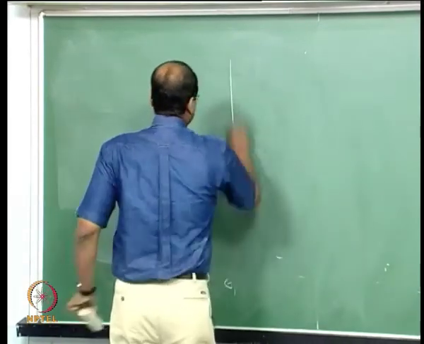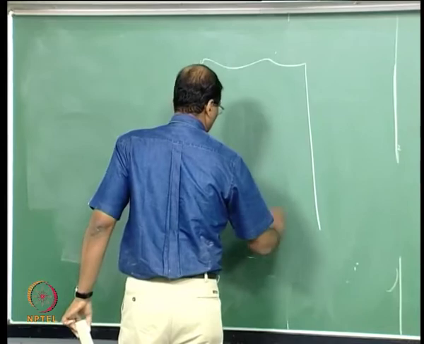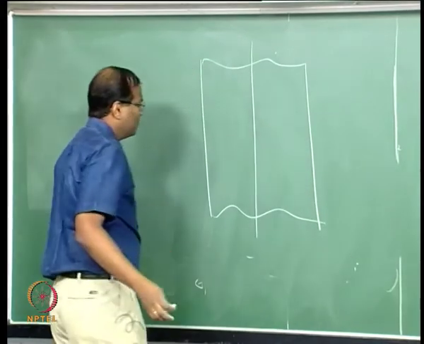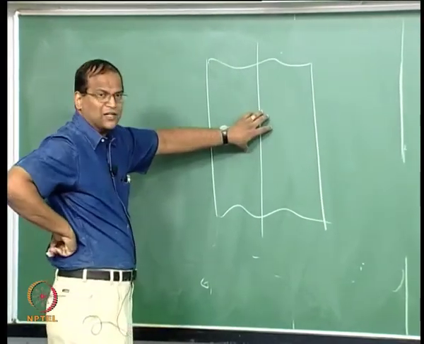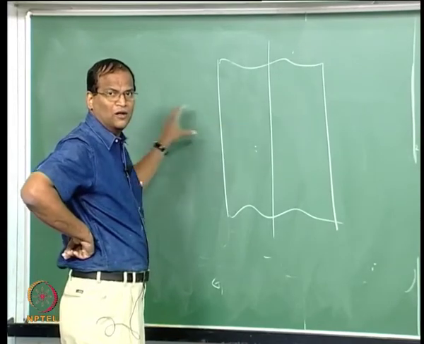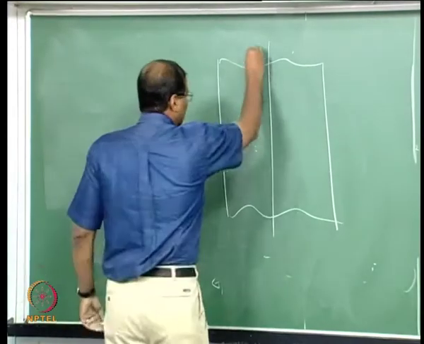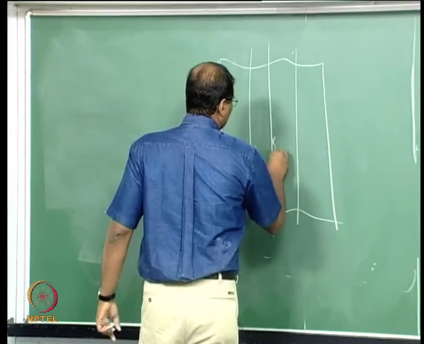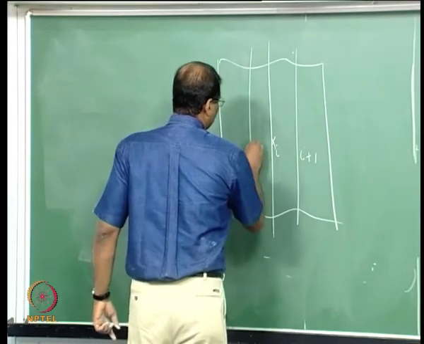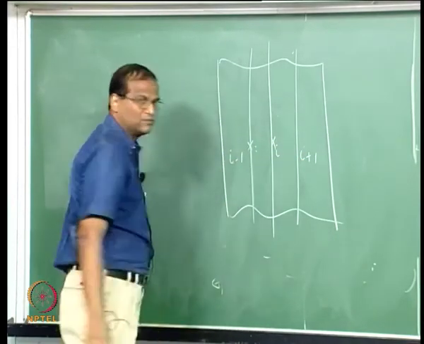Now, let us consider a slab where initially it is cold, and from the surroundings heat is being applied. So, let us consider 2 nodes, this is I, this is I plus 1, this is I minus 1.